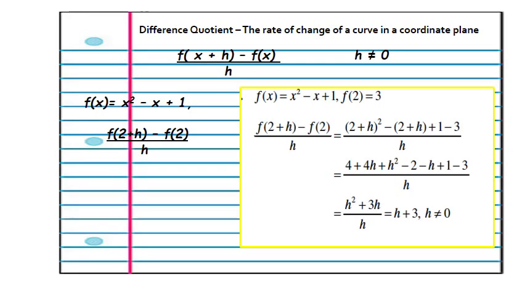Now remembering that the difference quotient in a coordinate plane was being defined by a slope and giving us a rate of change, as we have this curve in the coordinate plane, I'm just going to make a cute little parabola here, and two points and the line going on inside here.